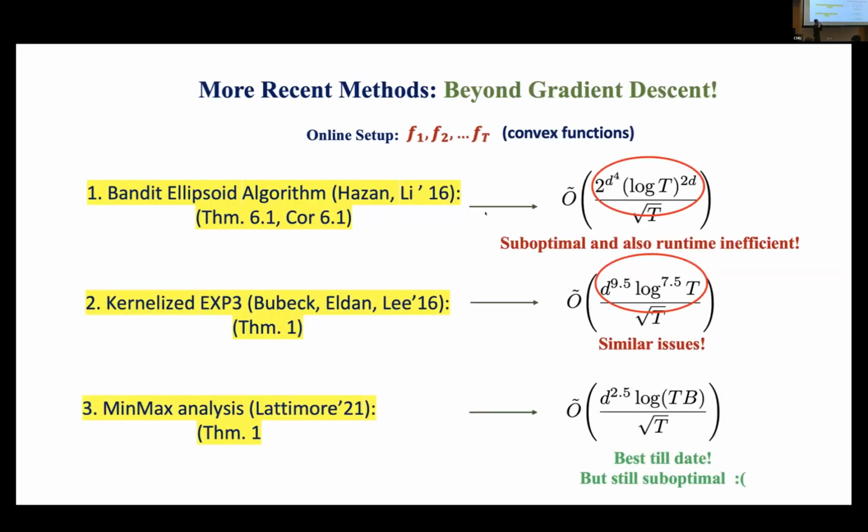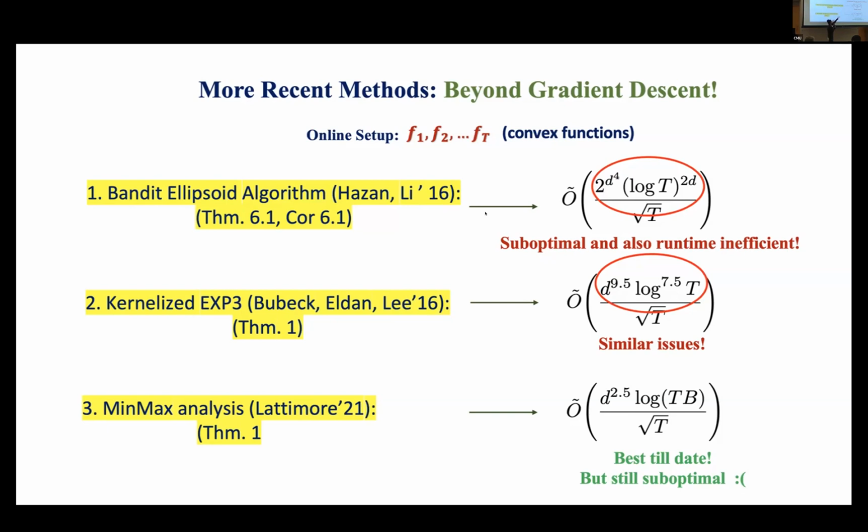And there has been a lot of struggle in the online optimization literature to improve this 1 by T^(1/4) rate of gradient descent to something like 1 by T^(1/2). There has been an enormous amount of work. Some I'm citing here, like the paper by Hazan, and a paper by Zubik and Latimore.